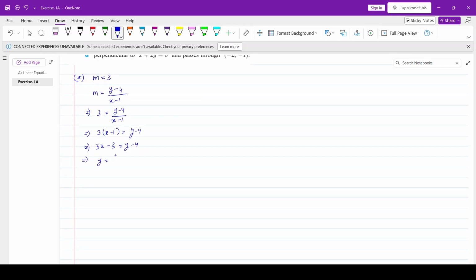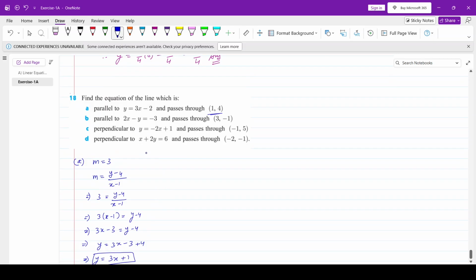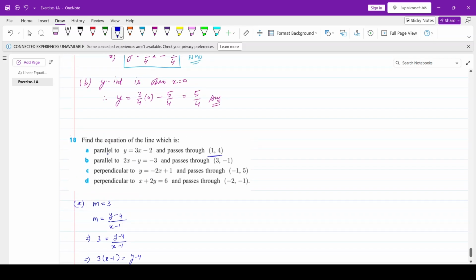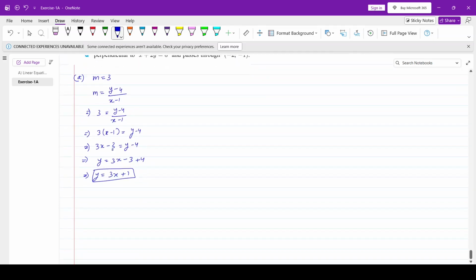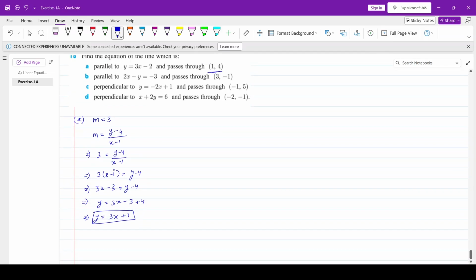We can say y is equal to 3x minus 3 plus 4. So y is equal to 3x plus 1. So we have found the equation for the line which is parallel to y is equal to 3x minus 2, because the slope, the gradient, will be the same. So I took the same gradient and found out the equation.